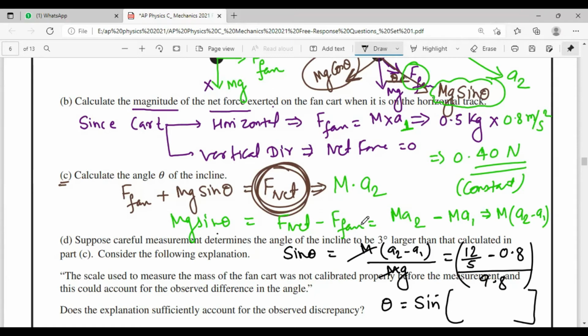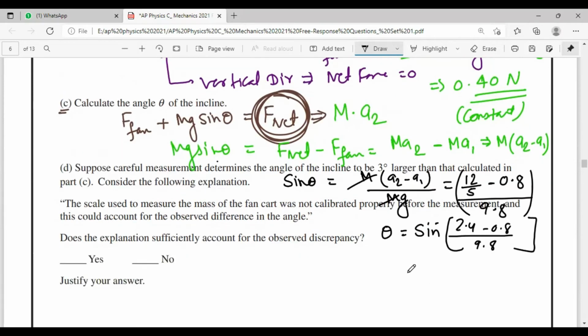12 by 5, just a minute. 12 upon 5 is equal to 2.4. So this is 2.4 minus 0.8 upon 9.8. So this will be 0.8 divided by 9.8. So this will be theta is equal to sine inverse 0.163.